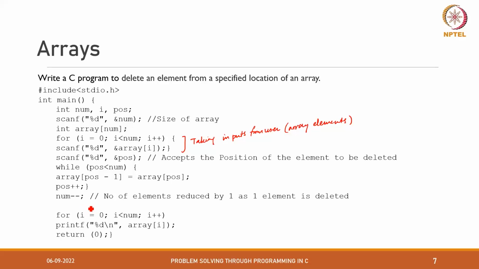So we have a smaller array now, and finally we'll print the output. We'll print the array after deleting and shifting the elements. It will go from 0 to less than 4, that is 0 to 3. So 0, 1, 2, 3, 4 elements will be printed.